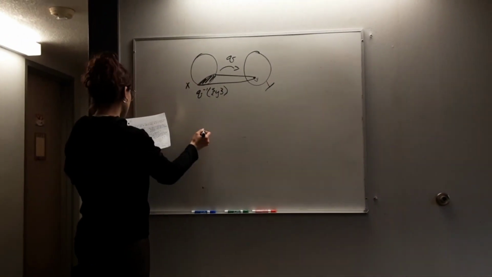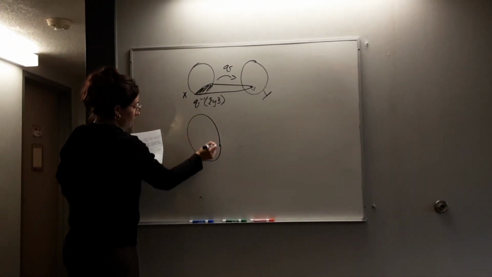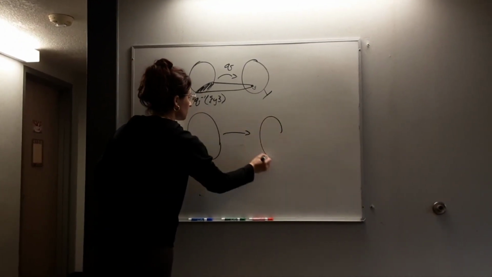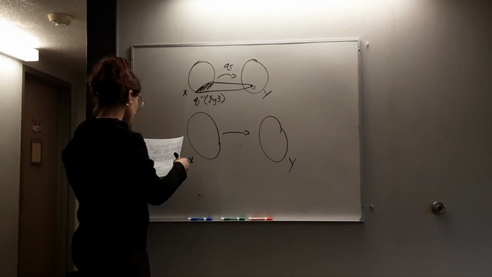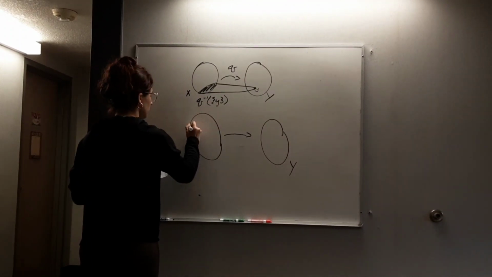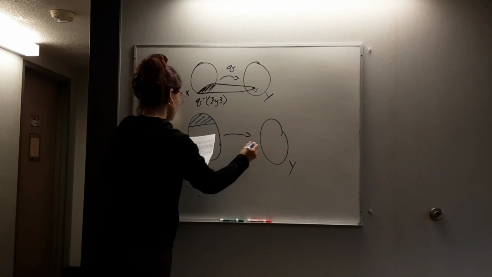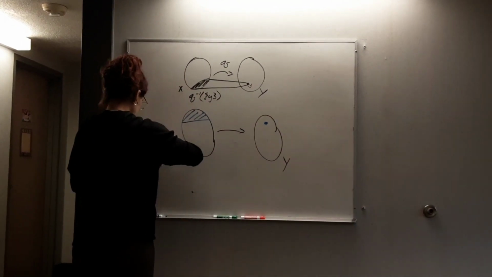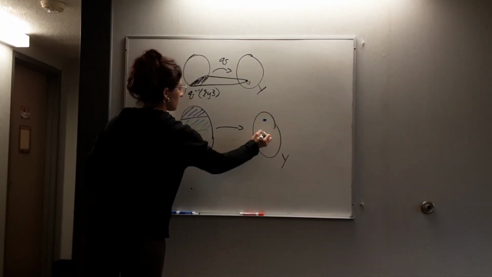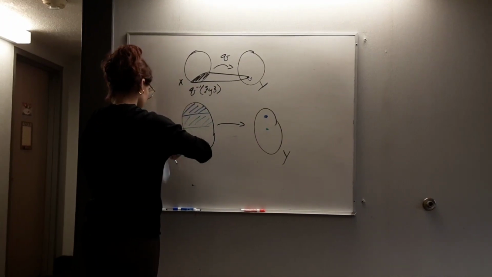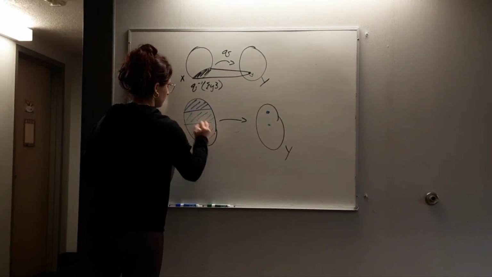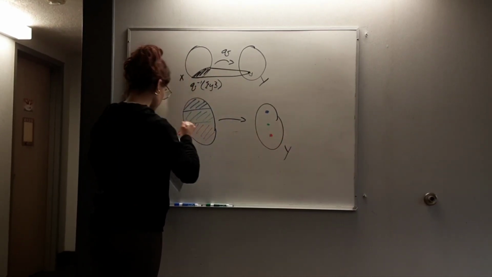So what that would look like is, again, let's draw x and y. So this is going to be x going to y. And let's subdivide x and y. So we'll have the blue portion going to our blue point, a green portion going to a green point, and we'll have a red portion going to our red point over there.